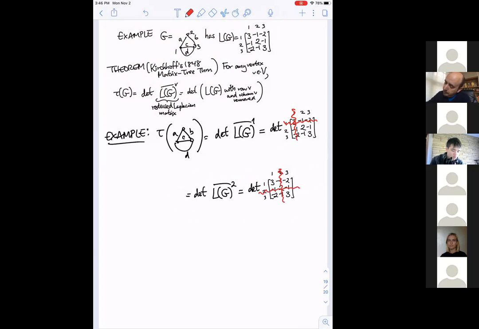So this one up top is the determinant of a 2 by 2 matrix, indexed by the 2 and the 3 that are left. It's 2, 3 on the diagonal with -1s off the diagonal. So we get 2 times 3 minus -1 times -1. That's 6 minus 1 is 5, which is the number of spanning trees.